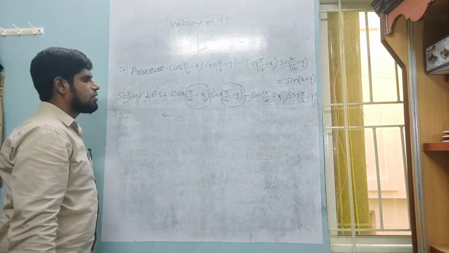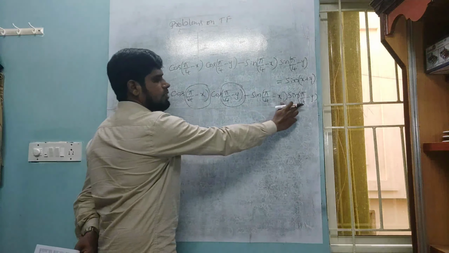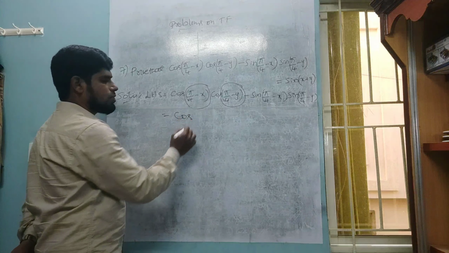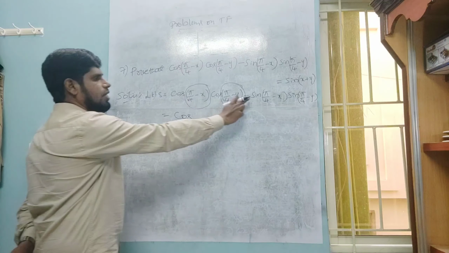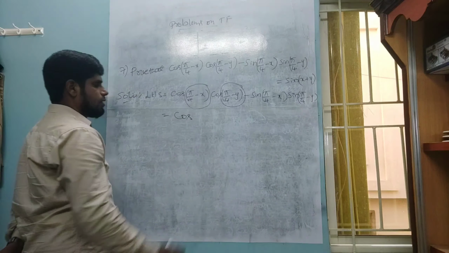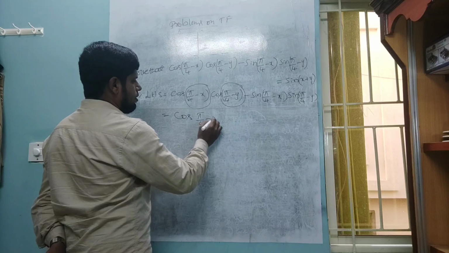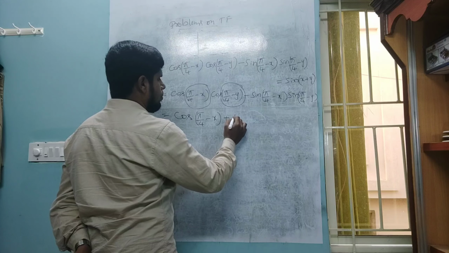Cos x plus y is cos x cos y minus sin x sin y. So now according to that, I can write cos x plus y.